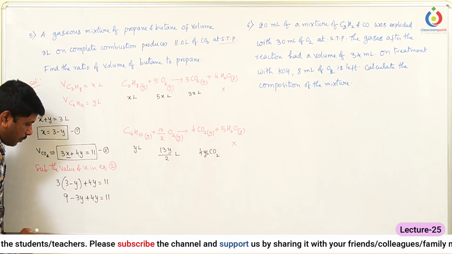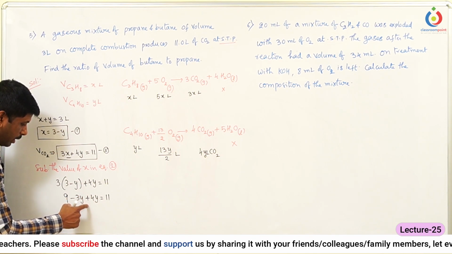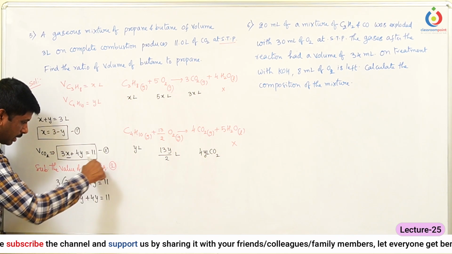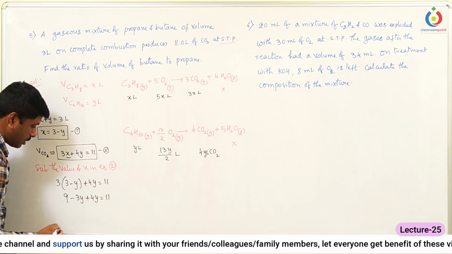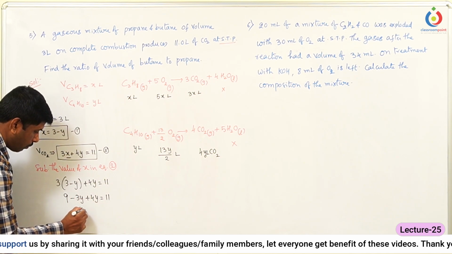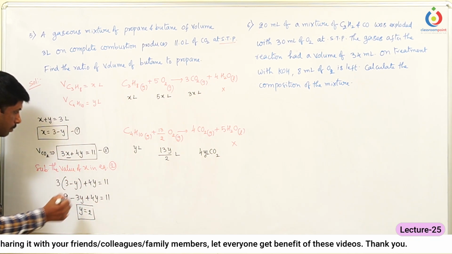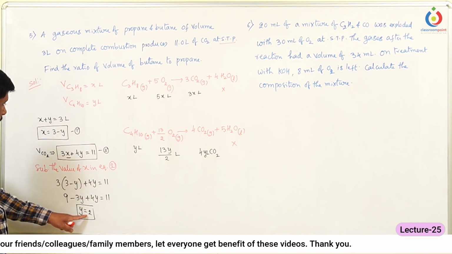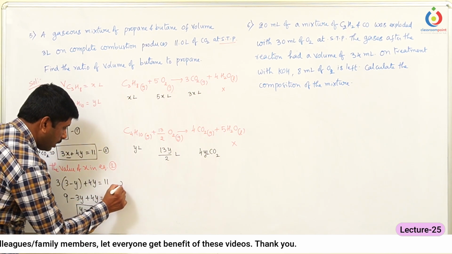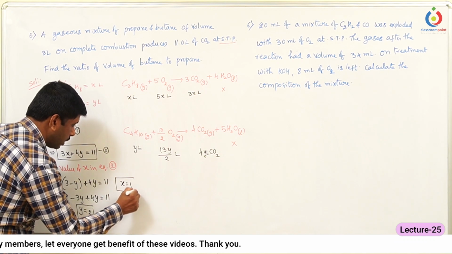Minus 3y plus 4y means y. So y plus 9; 9 we send that side, we get 11 minus 9, that equals 2. So the value of y equals 2. Then substitute this y value here, we get the value of x equals 1.